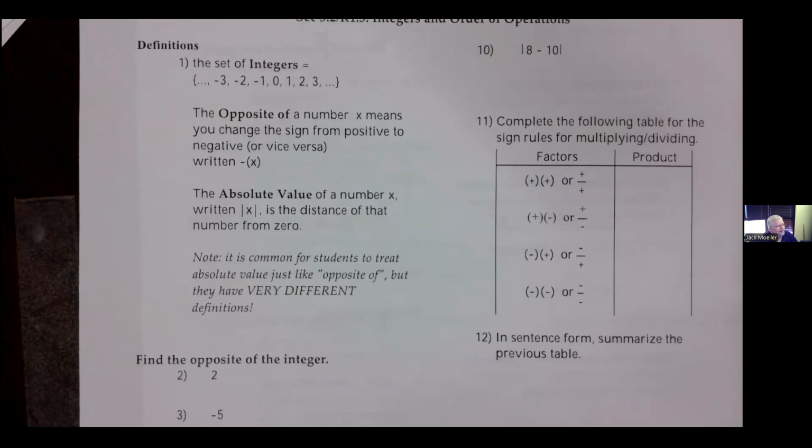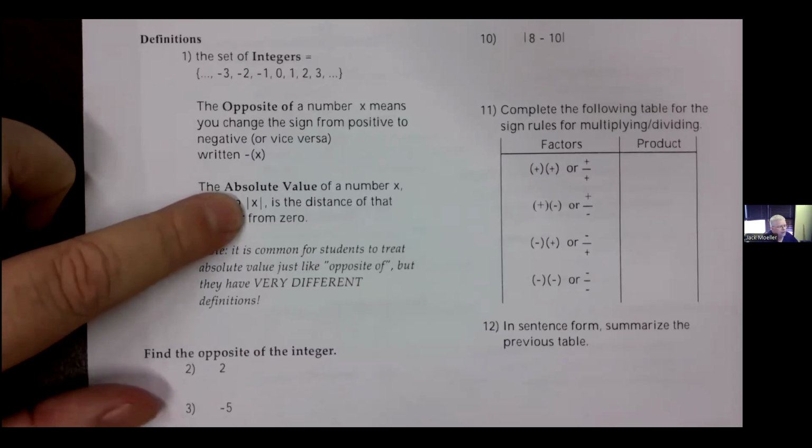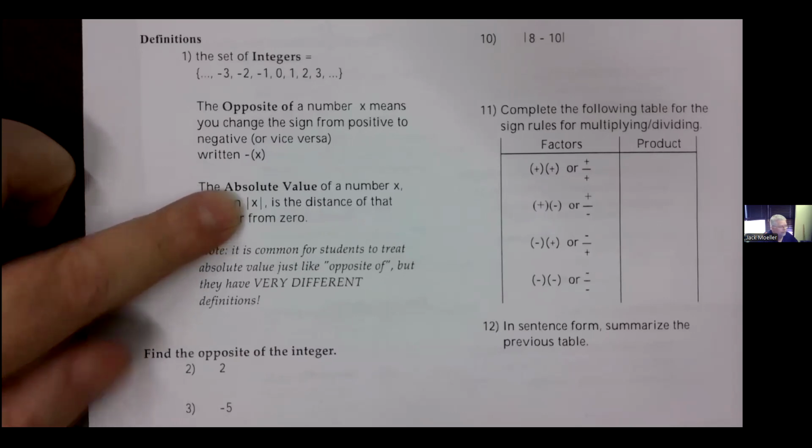Distance is always a positive number, so the answer to an absolute value operation is going to be positive, unless we get a negative on the outside, and then that gets more involved. Absolute value makes a number positive. If it starts positive, it stays positive. If it starts negative, it goes positive. The symbol for absolute value is those two little vertical bars. That is what our absolute value looks like.